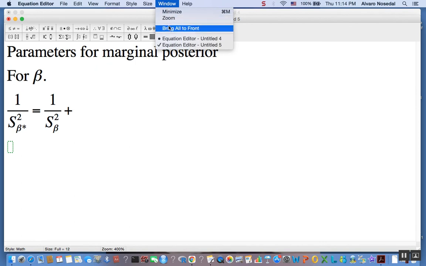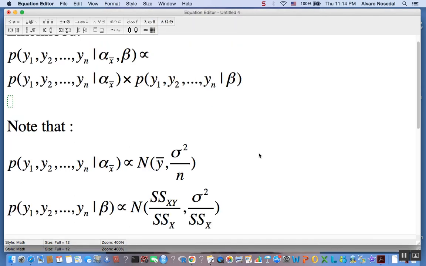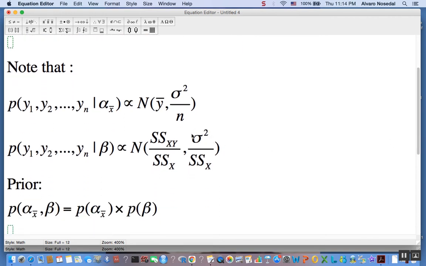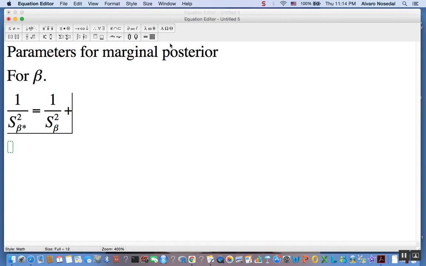So now let me go back to what we had before. From our likelihood, that will be the variance for beta from the sample. And we know that the sample precision will be the reciprocal of this. So it would be SSX divided by sigma squared in this case. Okay, so here we go. So SSX divided by sigma squared.